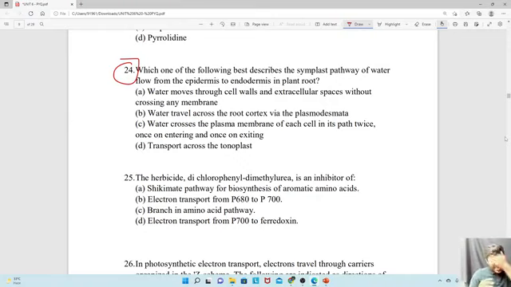While explaining this, I have drawn root epidermis, cortex, cortical cells, and I have drawn endodermis, stele, followed by the xylem. Okay, everyone tell me what is the answer for 24. Okay, think it. Hope all of you remember.